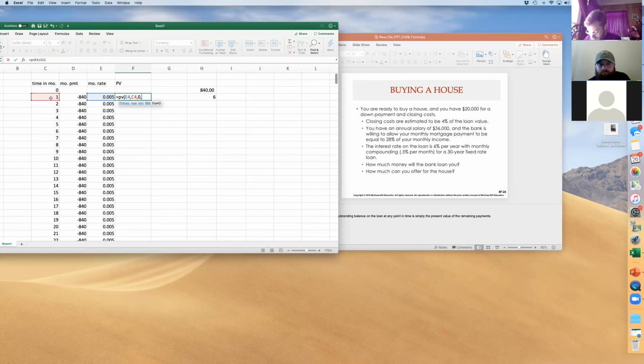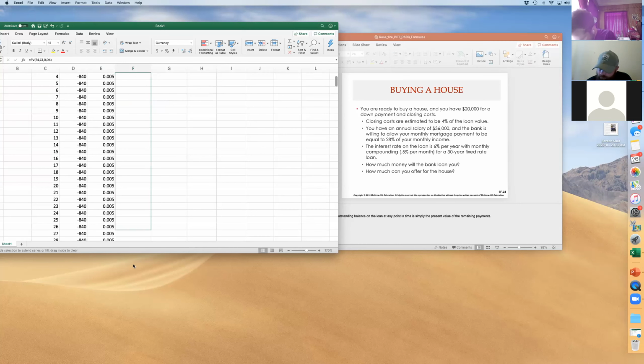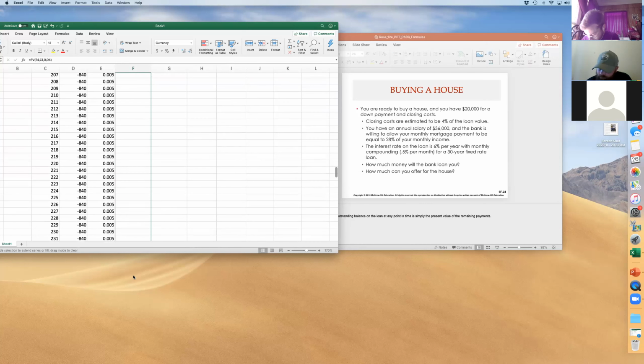There's no payment, and the future value is $840. So that very first payment of $840 is worth $835.82 today to the bank. I'm going to do that for all the payments, find their present values.